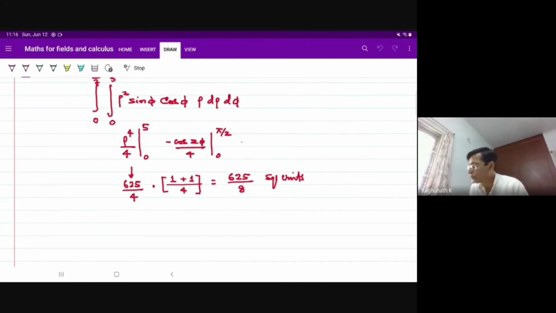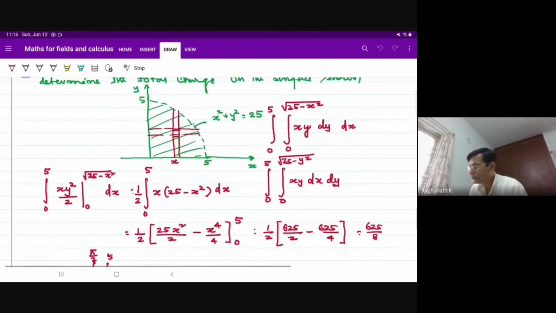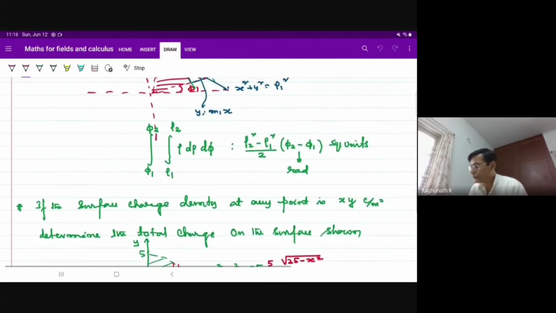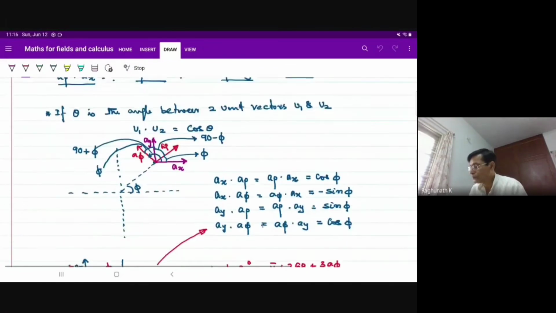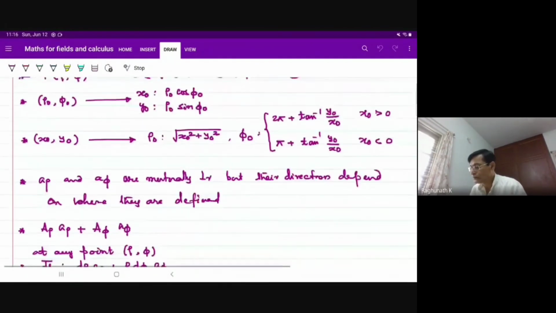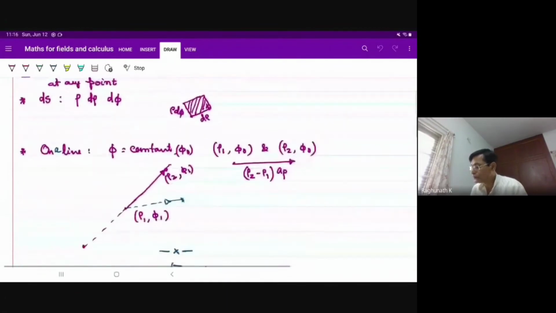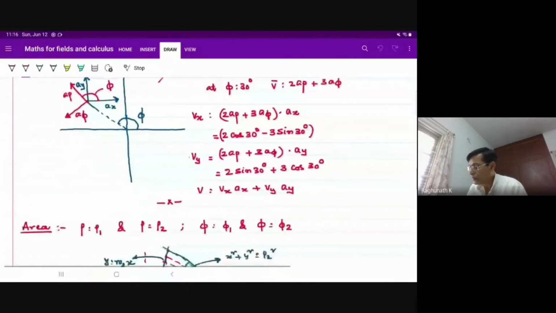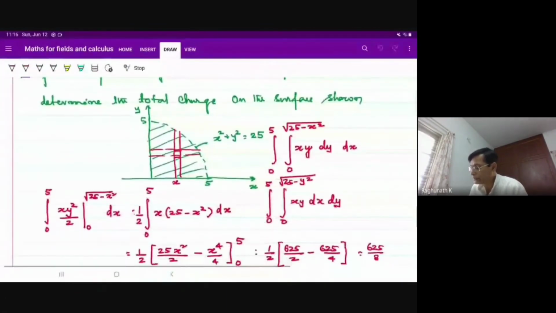Another thing that I have to do now: areas, conversion of vectors. Any other thing is circular coordinates.